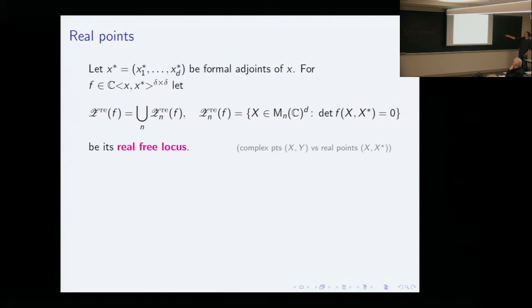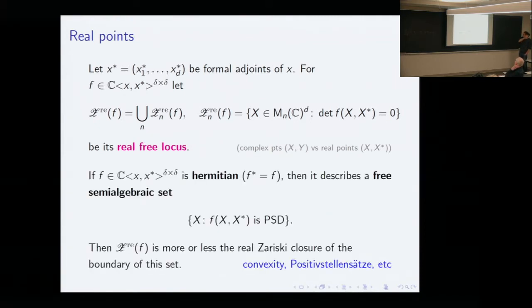This is kind of a real setting because if instead of x star I were plugging in y, I think of them as complex points versus the real points x, x star. Think of it like z, z bar. And that's the thing I was describing at the beginning.